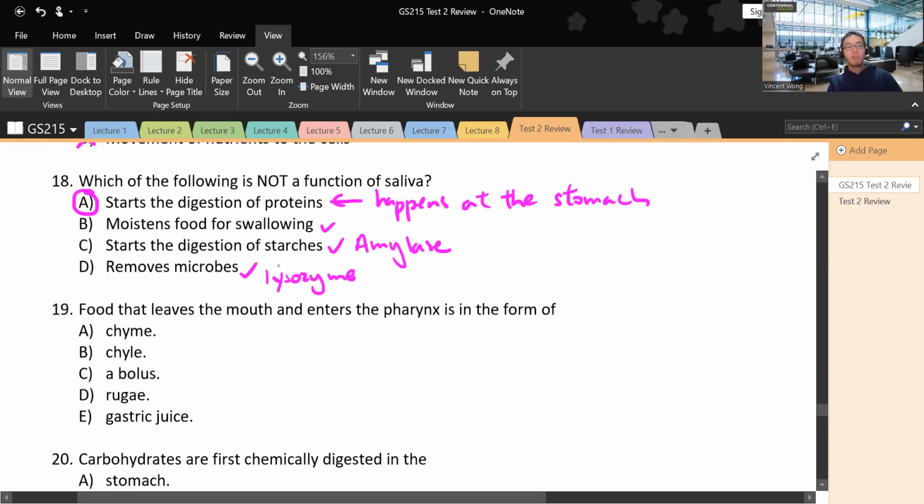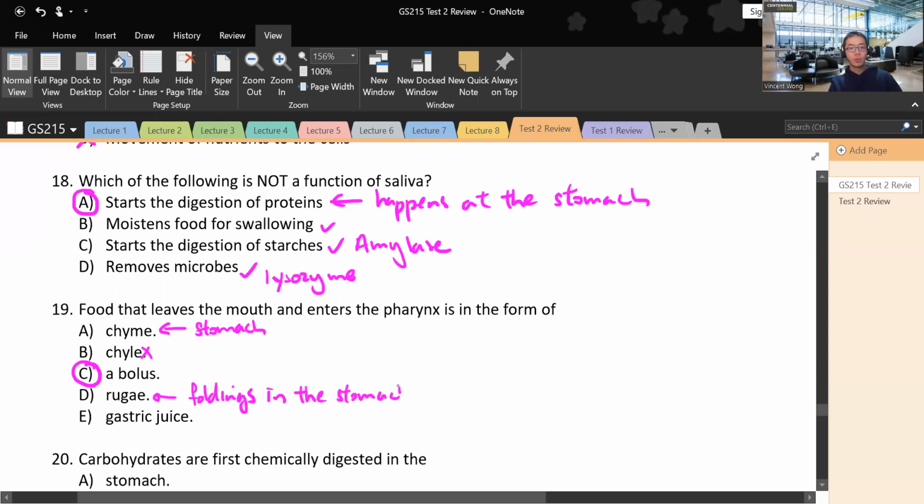Food that leaves the mouth and enters the pharynx is in the form of a bolus. After you digest the bulk of the fibers and things in your food in the stomach, you end up with a soupy acidic mixture that's called a chyme. Rugae is talking about the foldings in the stomach.